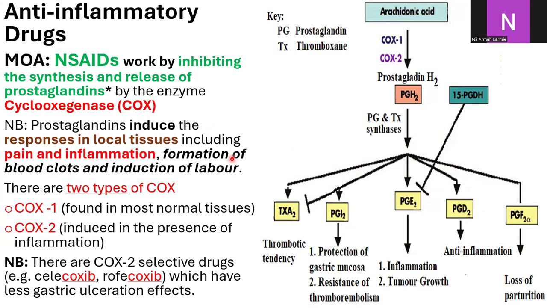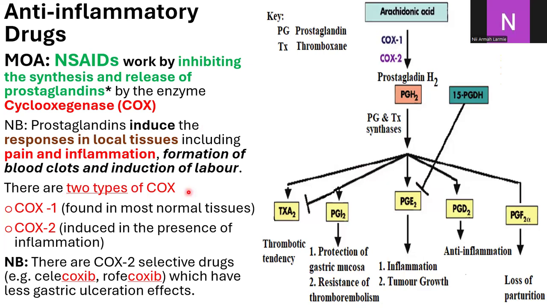Now, these two become side effects that our NSAIDs can give us. For example, NSAIDs are known to cause bleeding, especially the aspirin group. Why? Because they are inhibiting the prostaglandin formation, and hence the activity done by prostaglandin, which is the formation of blood clots, is lost.